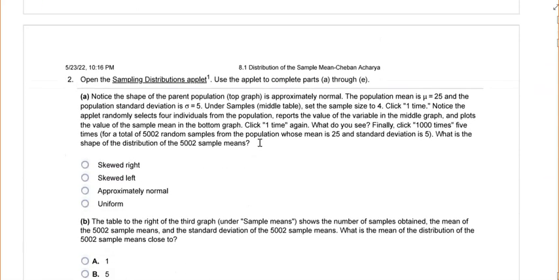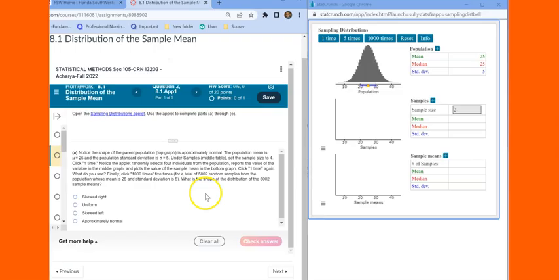Question number 2 is a question where you have to use the applets, and I'm going to open MyLab Math for that. This is question number 2, and on the top it says open the sampling distribution applet, and you have to finish parts A through E. When you click the sampling distribution applet, this is the applet, and this is the graph.